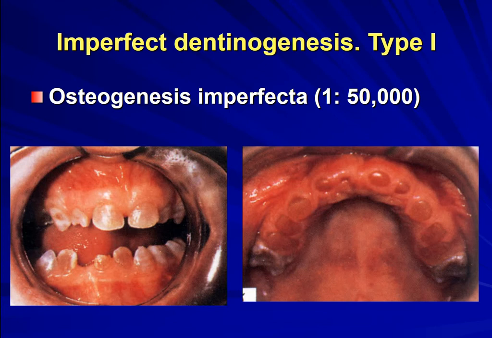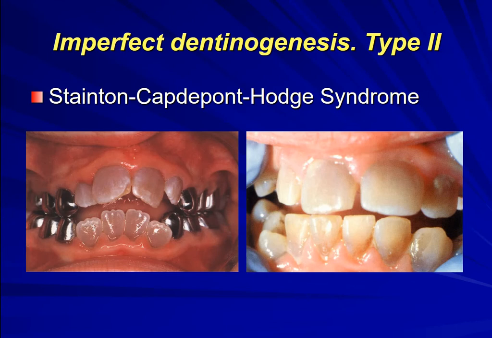On this slide, demonstrated photo of imperfect dentinogenesis type 1, osteogenesis imperfecta. This slide demonstrated photo of imperfect dentinogenesis, the second type, Stanton and Kapdepon-Hodge syndrome.